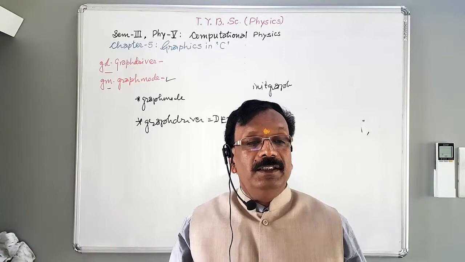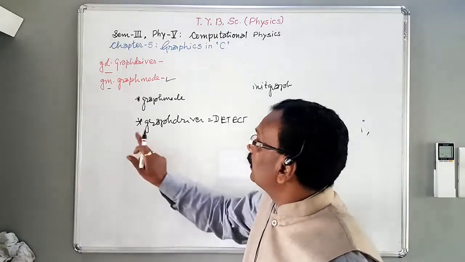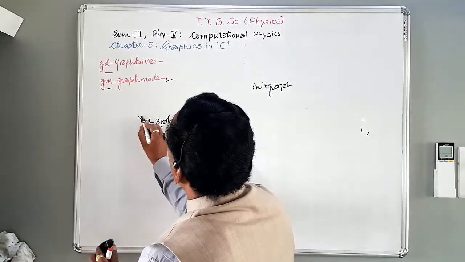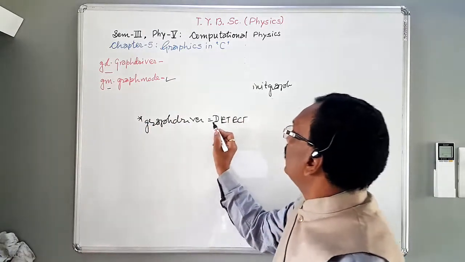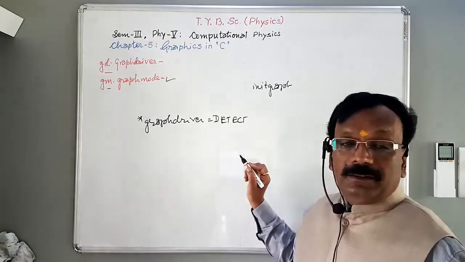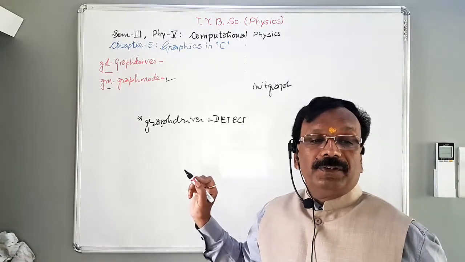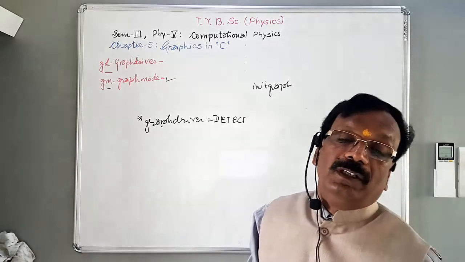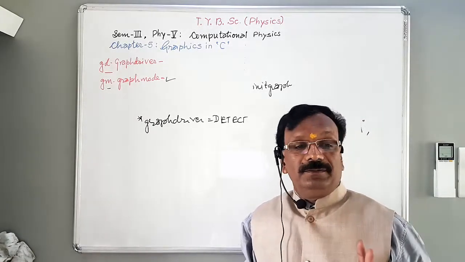Do you understand it? If we use here asterisk graph driver is equal to DETECT, then initgraph sets the graphic mode to the highest resolution available for the detected driver.